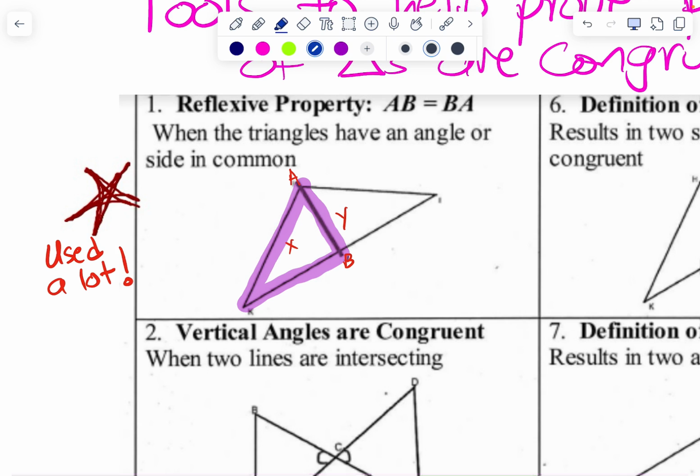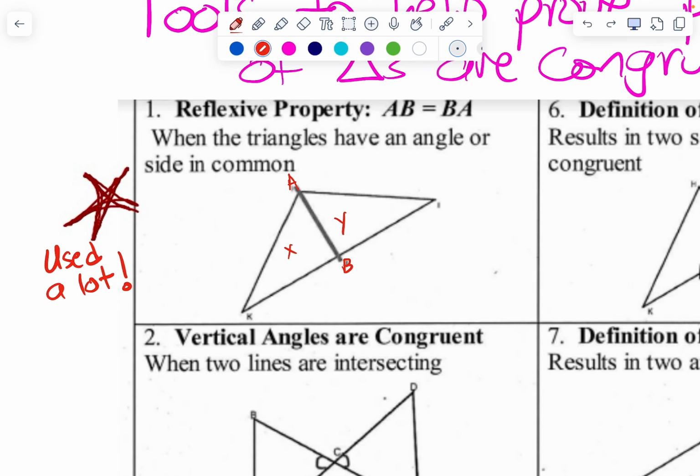And then as I trace triangle Y, I just passed through BA again. So I drew that line twice, technically. Once for triangle X, once for triangle Y, but it's the same line. So it's congruent to itself. And that allows us to prove that at least one side length is congruent.